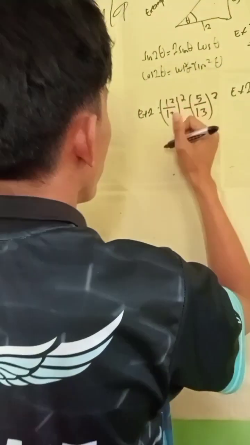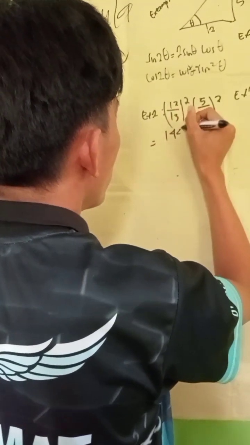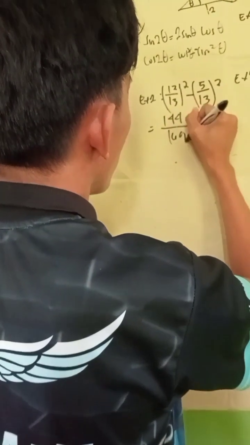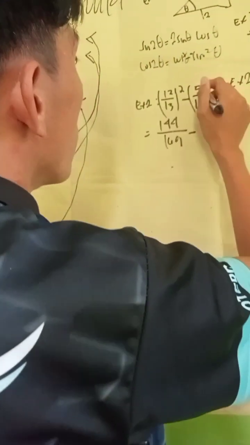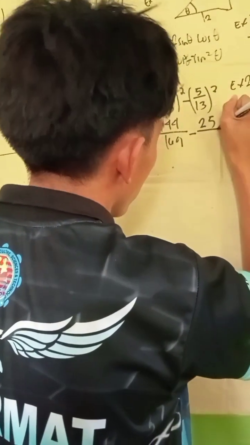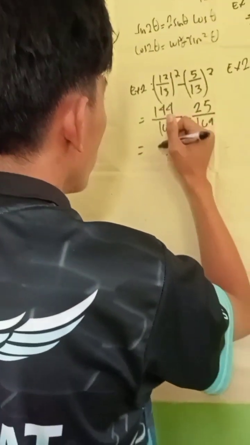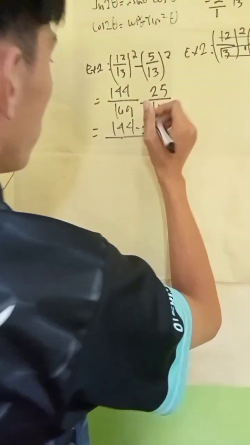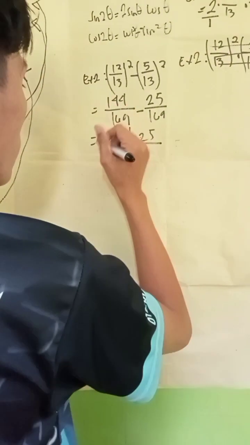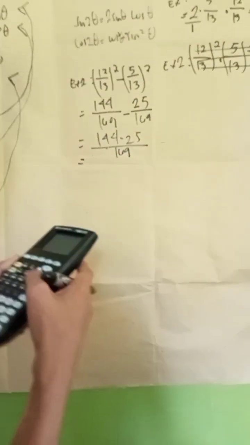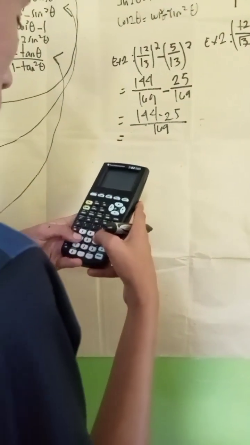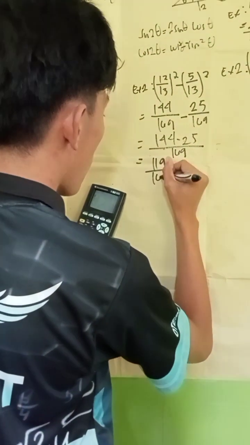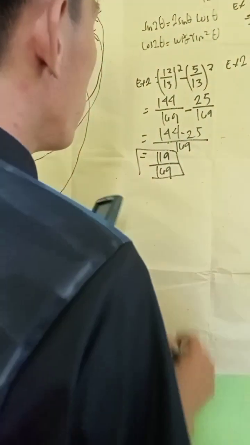So we have 144 over 169 minus 25 over 169. Copy the denominator, 169. 144 minus 25 is 119. So we have here the answer, 119 over 169.